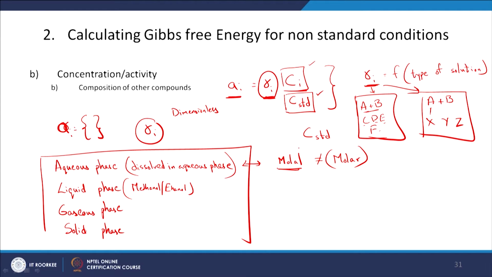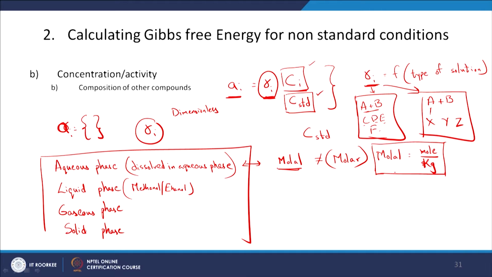So how do we define molal? Molal units are moles per kg, while molar units are moles per liter. Molal units are moles of your compound per kg of your water or aqueous solution.